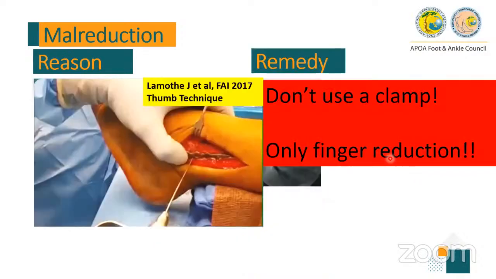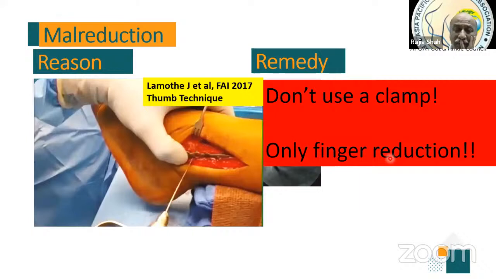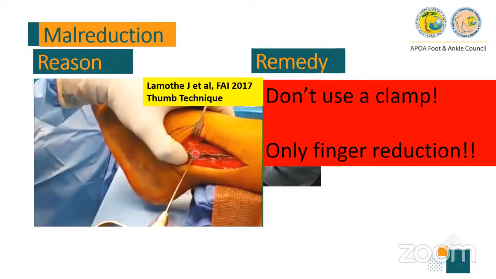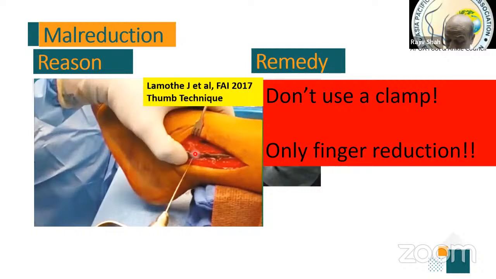So the remedy is not to use a clamp, but just use a finger reduction. Unless it's a malunited or old case, I don't use a clamp. In a fresh case, I like to use finger reduction only, no clamp.